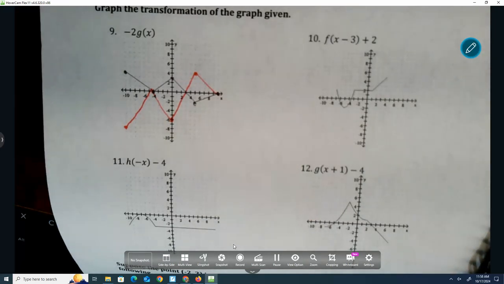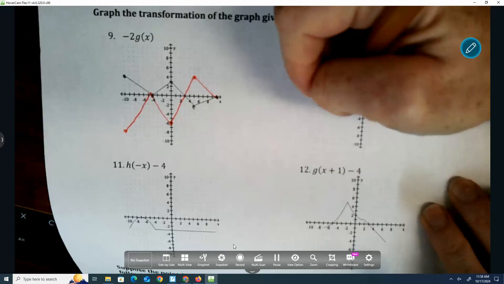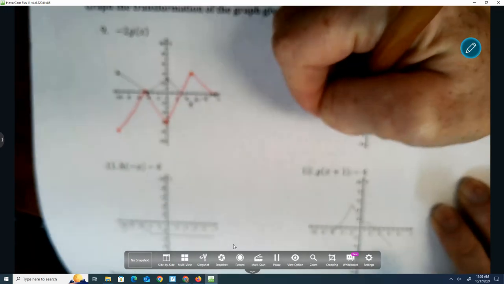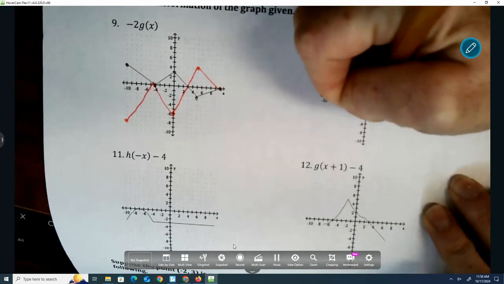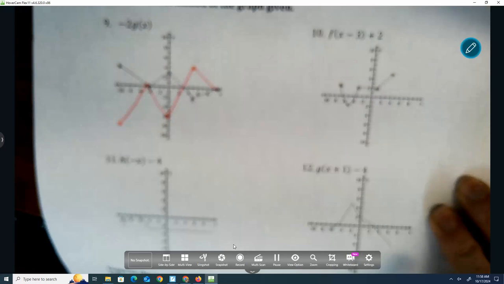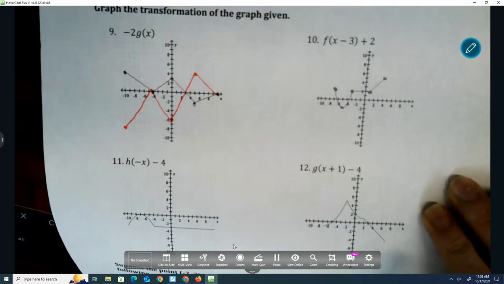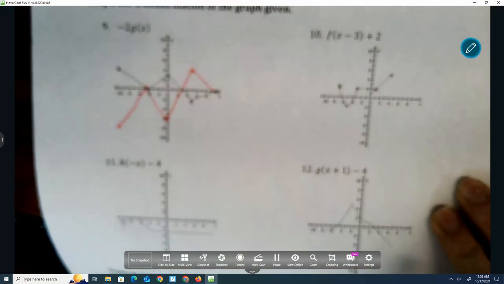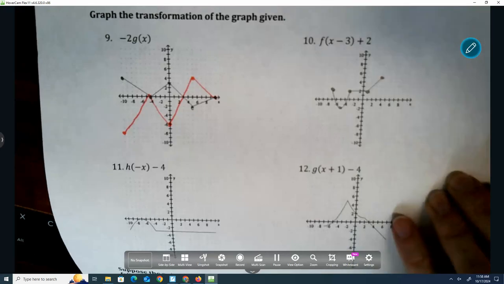Number 10. So if I'm trying to take some nice points on my graph, what will my transformation be this time? Right. So the 3 on the inside would move it right.